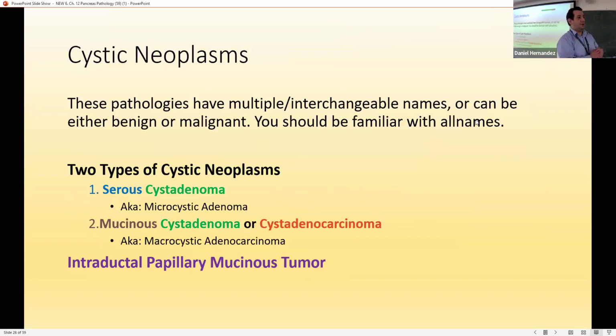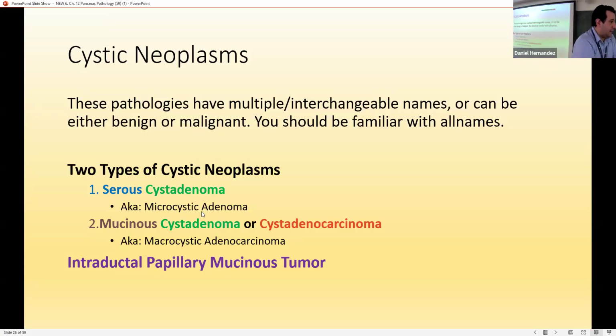Now we're talking neoplasms. Cystic neoplasms can be broken down into benign or malignant, and you should be familiar with all of these. The two types of cystic neoplasms are serous cystadenomas, also known as microcystic adenomas, and mucinous cystic adenomas or cystadenocarcinomas, also known as macrocystic adenocarcinomas.